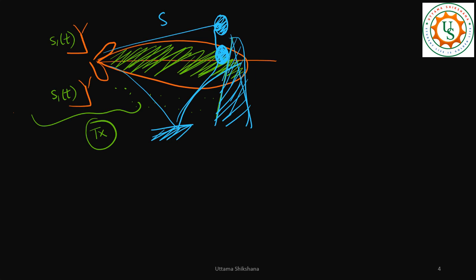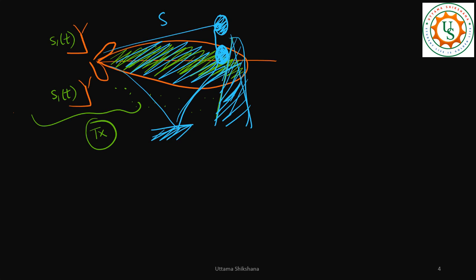So basically, with a lot of reflection, scattering, and a lot of obstacles in the medium, in the wireless channel, the signal which is supposed to have the constructive interference in these regions might have it in a different region.